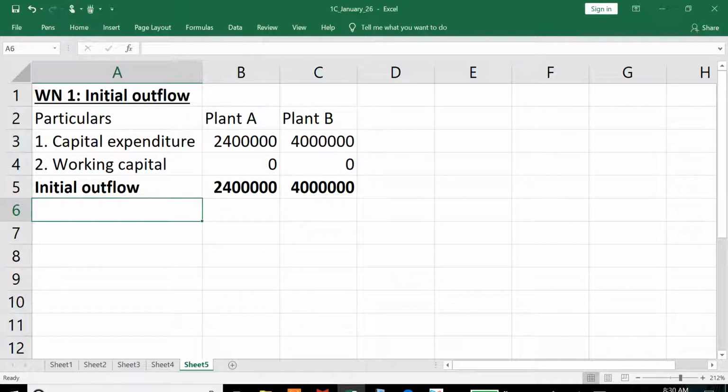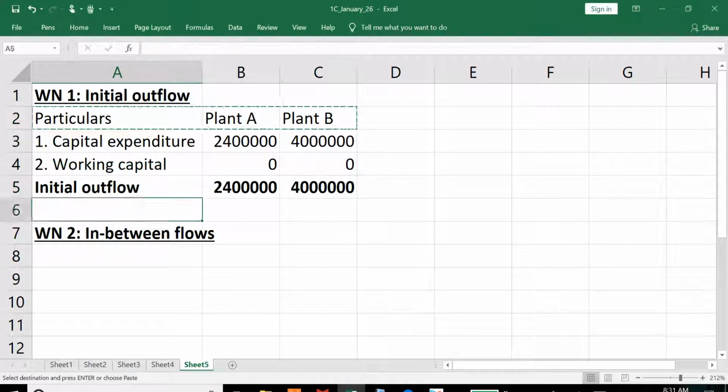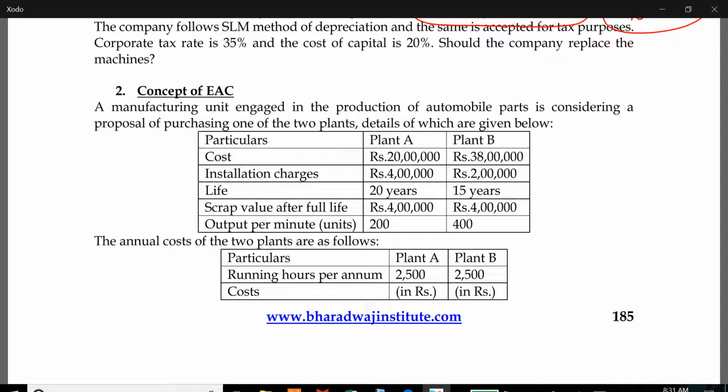Working note 2, in between flows. Particulars, plant A and plant B. Okay.